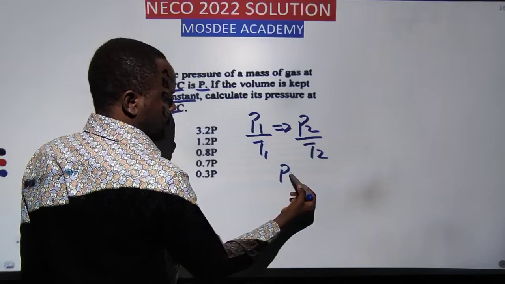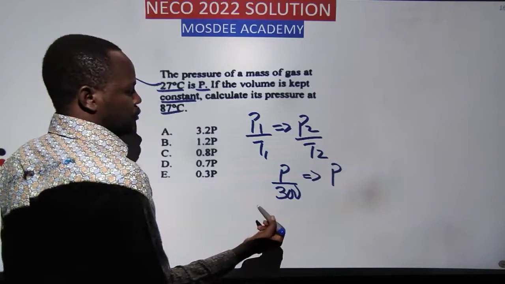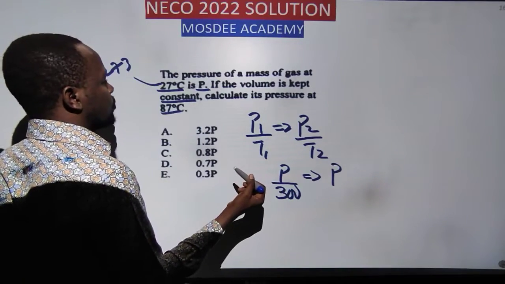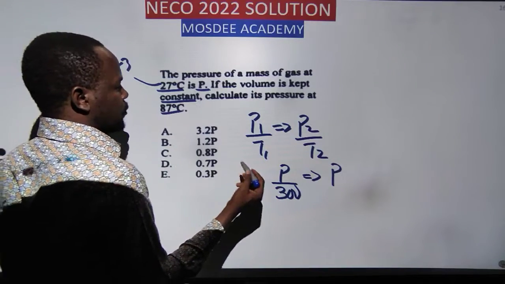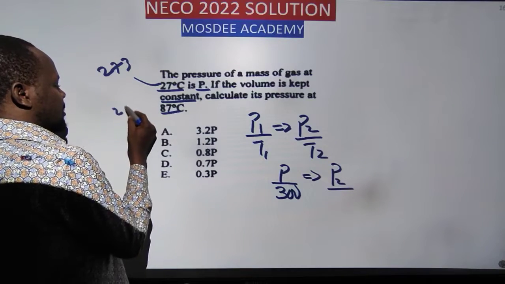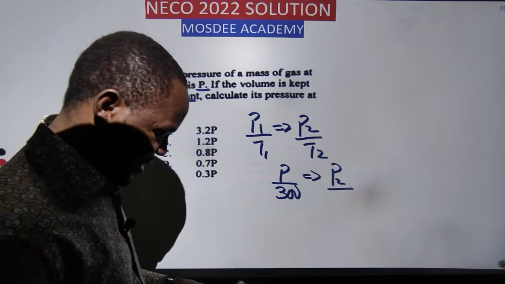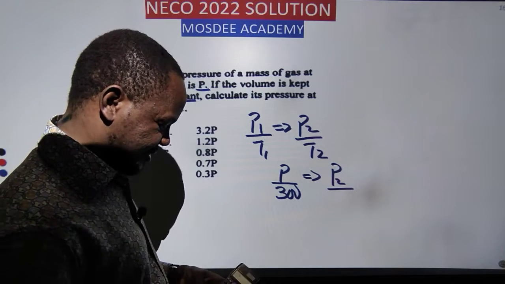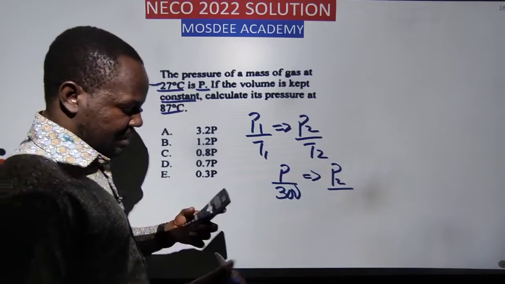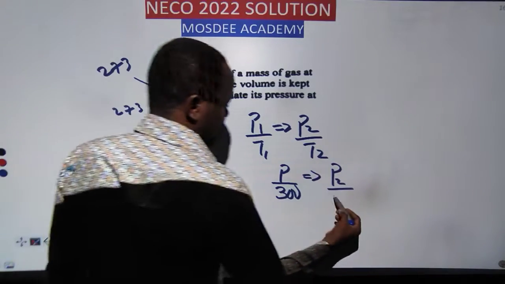So P over 300 equals, we are looking for P2, P2 over 273 plus 77. Let me check, that's 350. Am I right? Because I don't trust this one. 273 plus 77 is 350. I hope it is right.